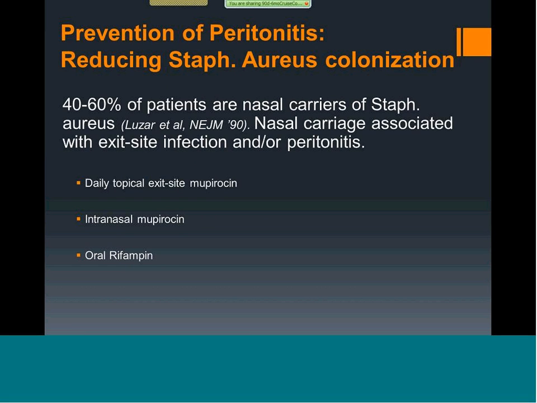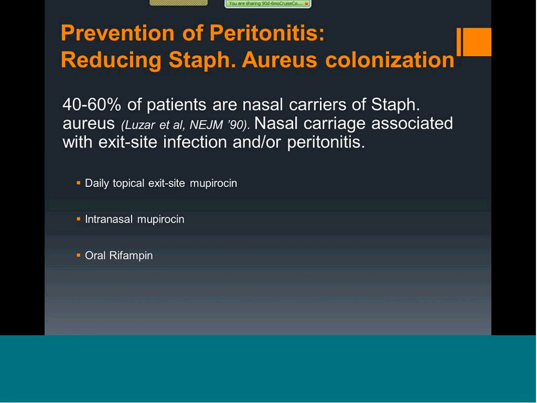So we are believers in using antibiotic prophylaxis at the exit site, and a variety of different methods have been used. The rationale for this is primarily that the patient carries bacteria that cause infection at the exit site, and the patients generally carry this in their nares.